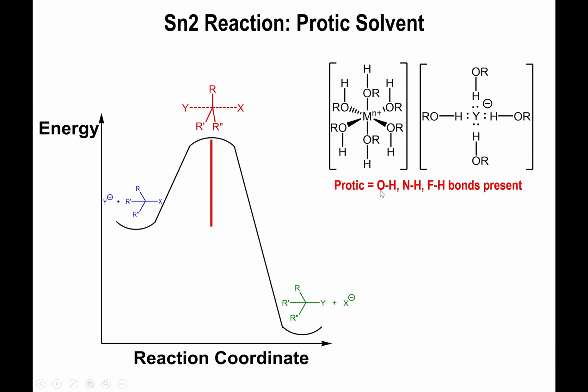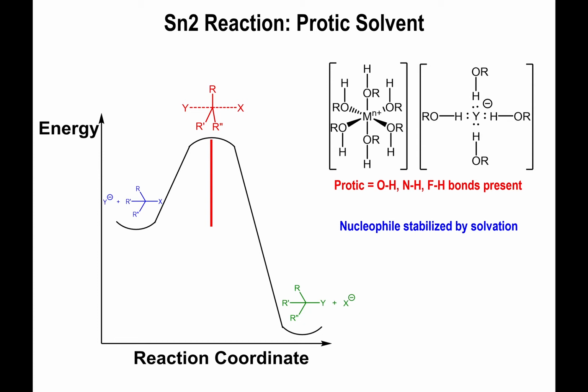But if you do have a solvent that has OH bonds or NH bonds, this is what we consider a protic solvent. And in those particular solvents, you end up forming coordination compounds around the cation, but also technically around the anion. And the idea is that the partially negatively charged portion of the solvent coordinates to the metal cation. The partially positively charged portion of the solvent interacts with the lone pairs of the anionic fragment of the ionic substance.